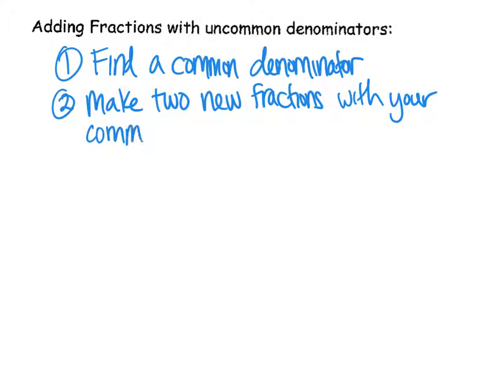So if my common denominator is like 12, then I need to make 2 new fractions with your common denominator. But if I'm going to just create new fractions with my new denominator of 12, then I'm going to have to change the numerators too.